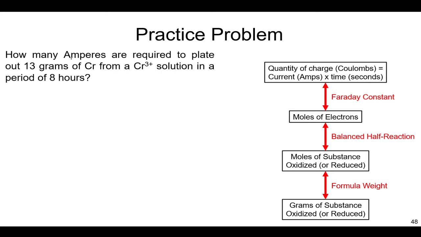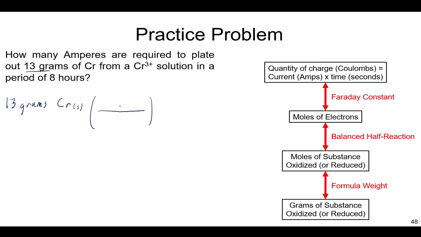Okay, so I need to solve for amps, and I'm given 13 grams of chromium. So if I'm given the grams, I know I'm going to need to be going in this direction. But even if you don't have this or have memorized this chart, just start with the grams. Okay, 13 grams of chromium. What can you do with 13 grams of solid chromium? Well, you can convert it to moles of solid chromium.